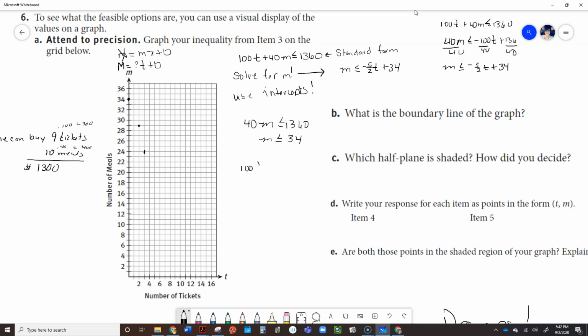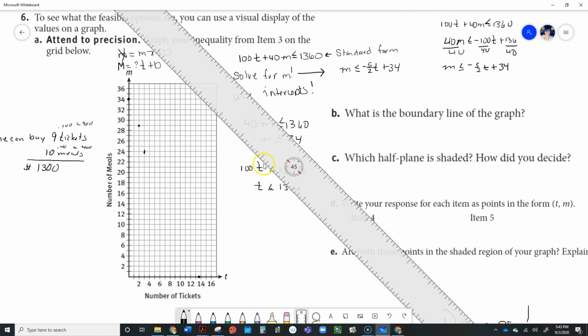Then I'm plugging in 0 for m: 100t is less than or equal to 1360. When I divide both sides by 100, I get 13.6. So on my t-axis, I'm going to go to 13.6. You can continue going down 5 over 2, down 5 over 2.